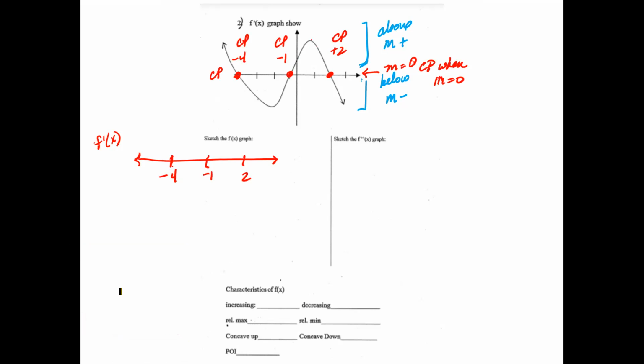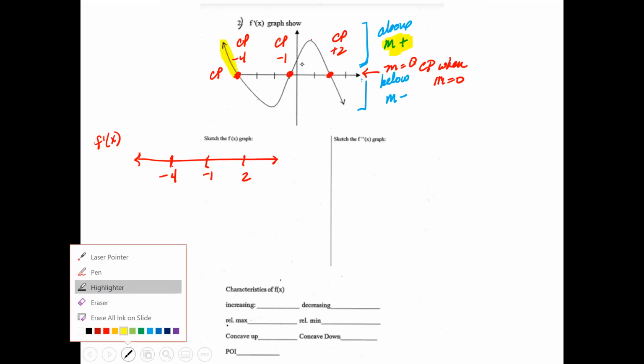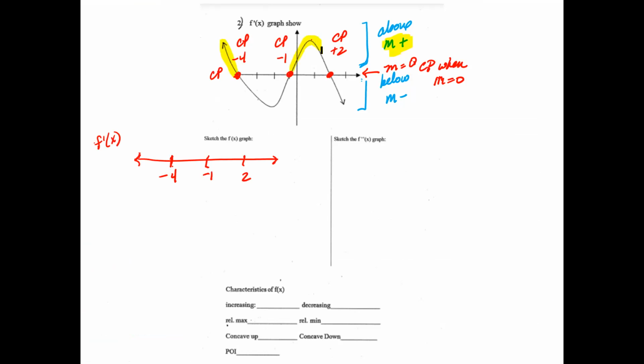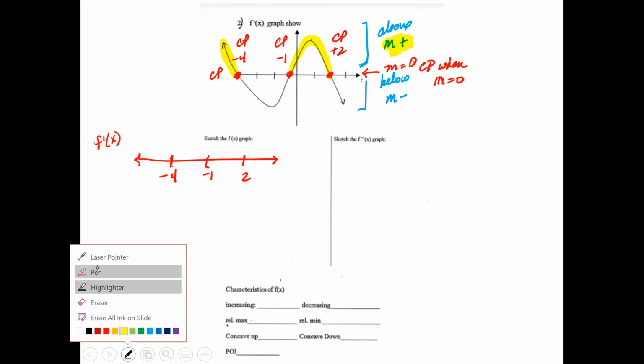Now let's take a look at the graph to see when the slope is positive and negative. Remember, the slope is going to be positive if it's above the x-axis. So that is right here, and also right here between -1 and +2.